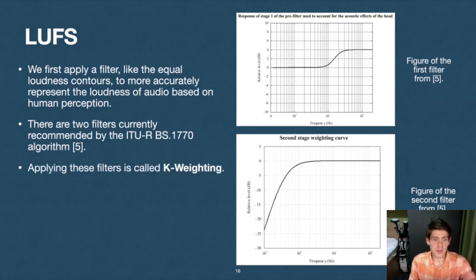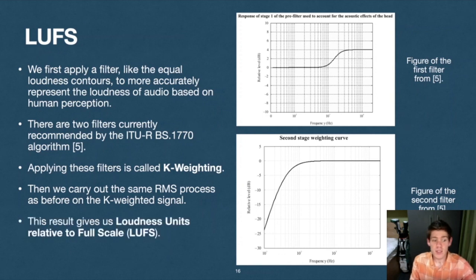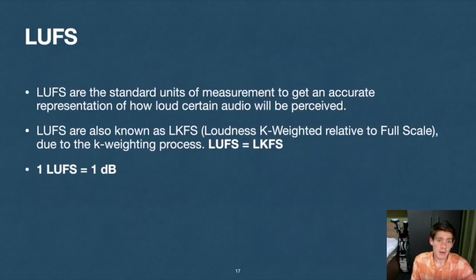Doing that to our signal first is called K-weighting. And if we do that before the RMS process, then we get loudness units relative to full scale, also known as LUFS. And this is how we want to measure our audio for perceived loudness.